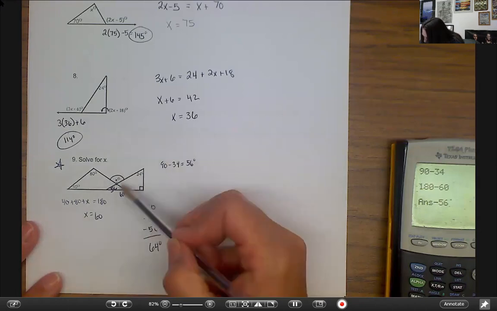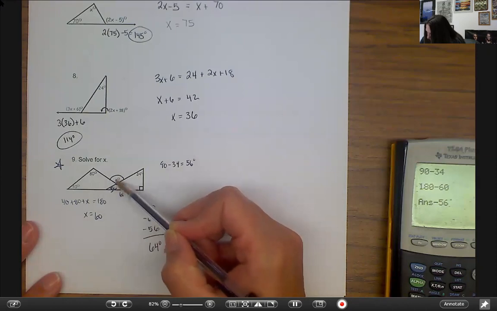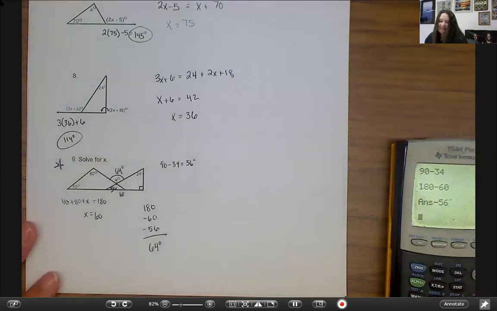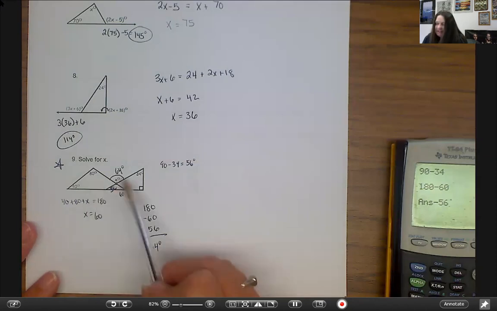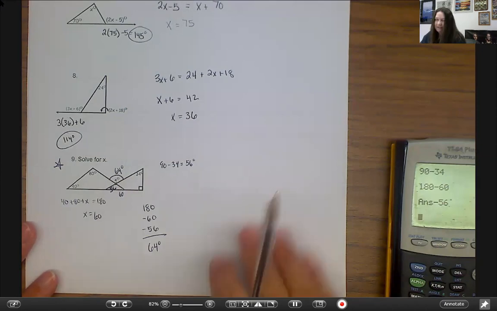So that would leave this angle here at 64 degrees, meaning its vertical angle directly across from it must also be 64 degrees. So in this case, we've got to solve for lots of different values around that before we can get to that value.